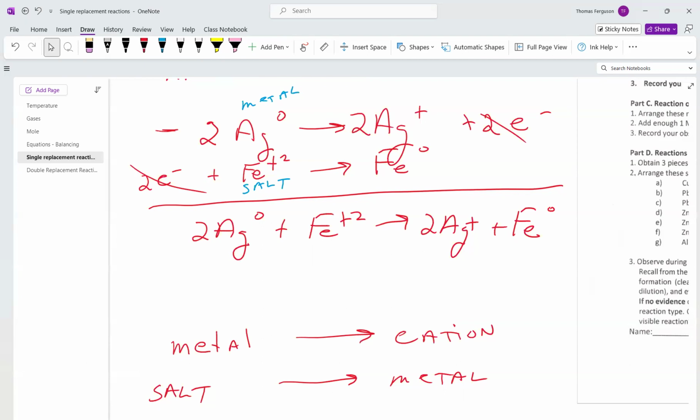Well, it's already there. It's already a cation. The silver down below, according to the iron, is weaker in terms of stability. So iron wins. So this reaction would be no reaction. So what you do, this is the procedure, is you want to net this out.